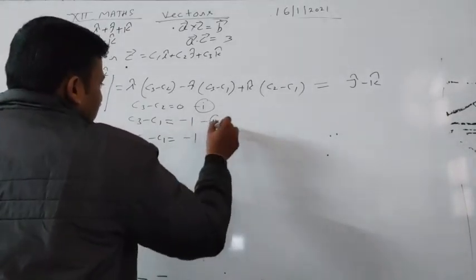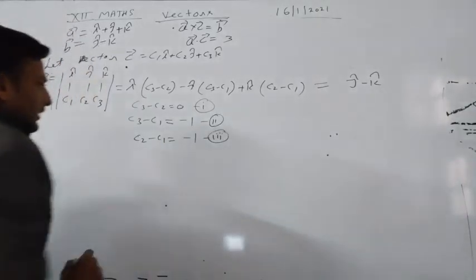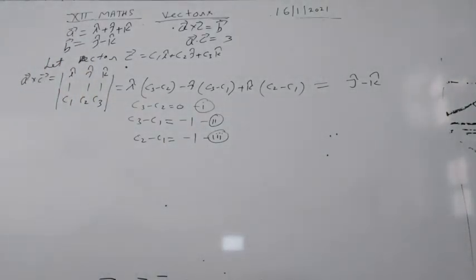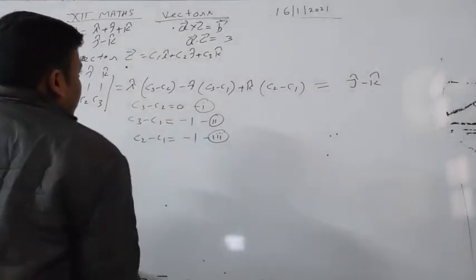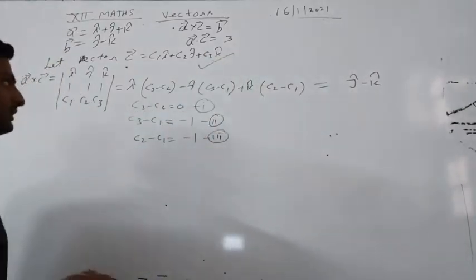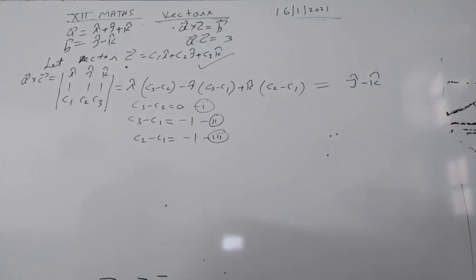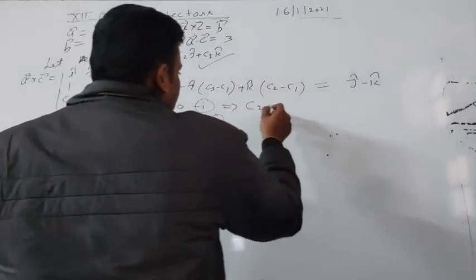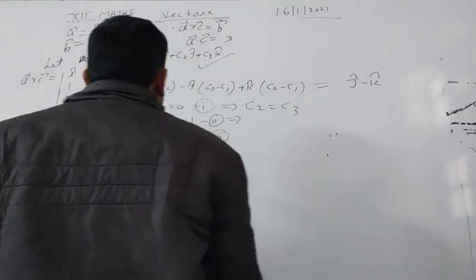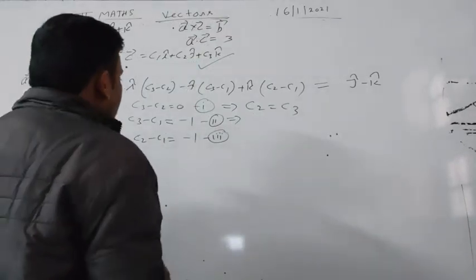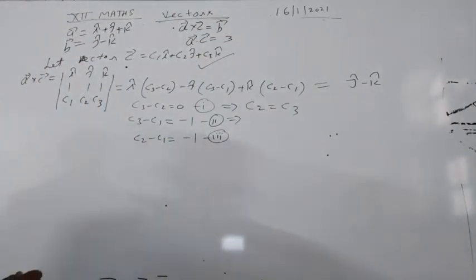Okay students, so these are the three equations. Now we solve these three equations, and solving them we will find the value of C1, C2, C3, and then we put the C1, C2, C3 in this equation and then our vector will be found. Okay, so from first equation we are seeing that our C2 is equal to C3.